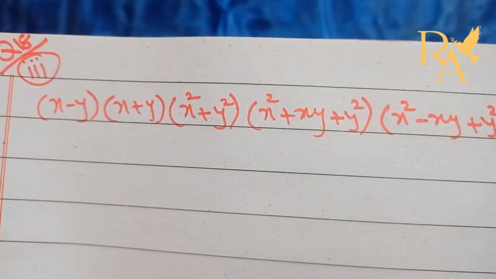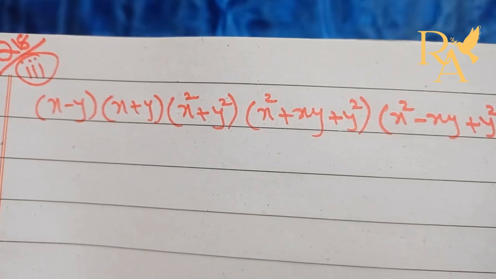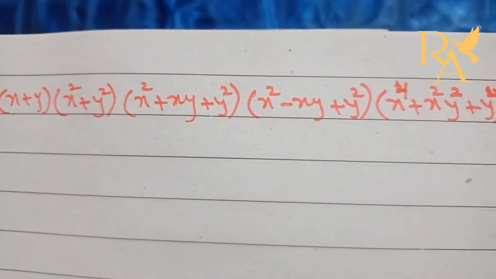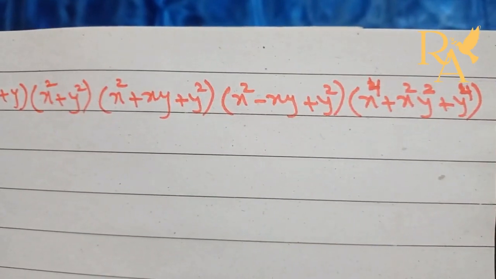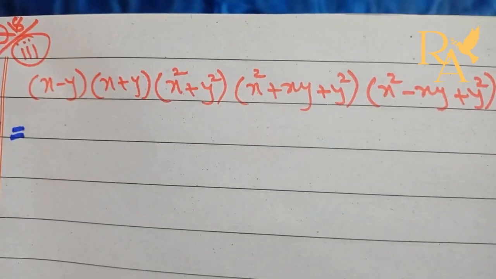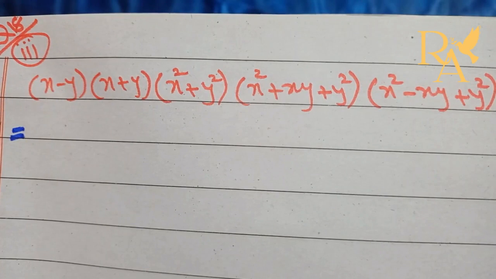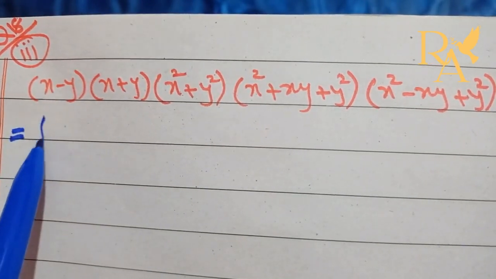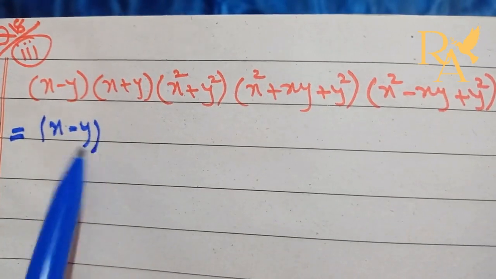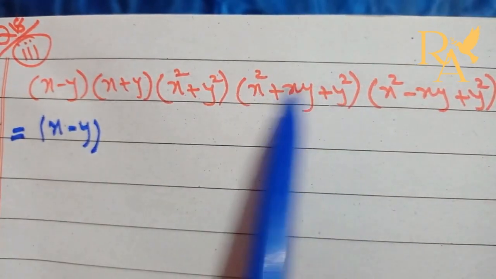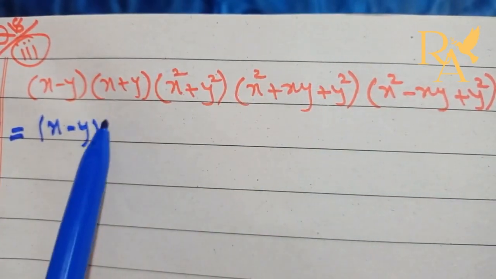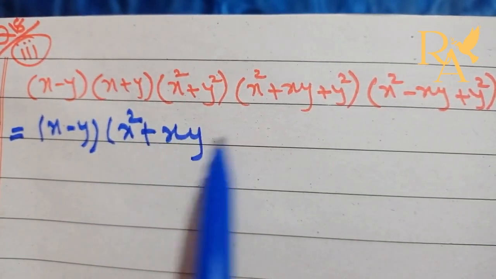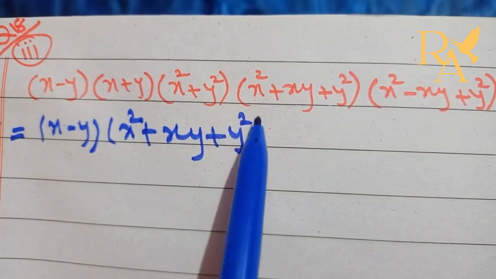For solving question number 18 of 3, we have this data which is given. First of all, we will rearrange this equation as x minus y, and now we are using this bracket x square plus xy plus y square.